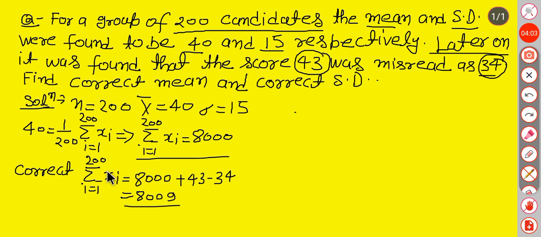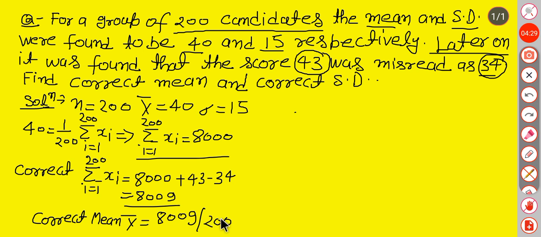This is the correct sum of observations. Now what would be the correct mean? Correct mean x bar is 8009 upon 200.